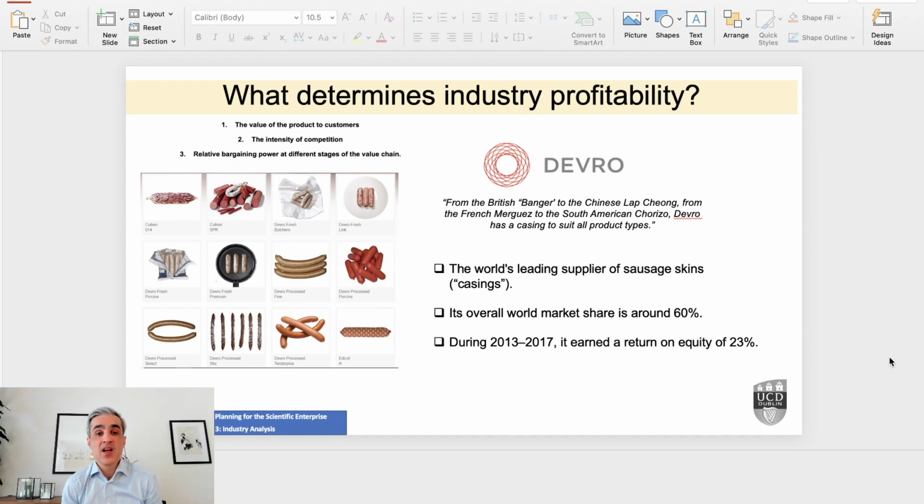Now you can ask for more money because the options are very limited. They don't have many other companies that are going to be able to provide the same kind of product. So again, these three points allow you to really see how profitable an industry is. And sometimes you might find it surprising, like in the case of sausage casings.